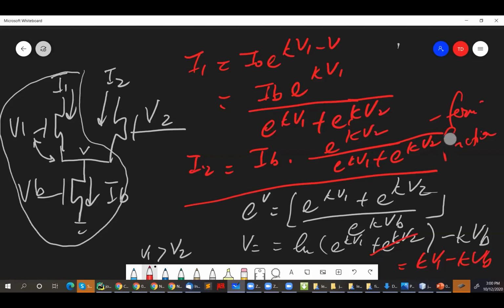Okay, can you read my handwriting? Maybe not. The Fermi function. Okay. All right. Okay, so any questions before I move on?